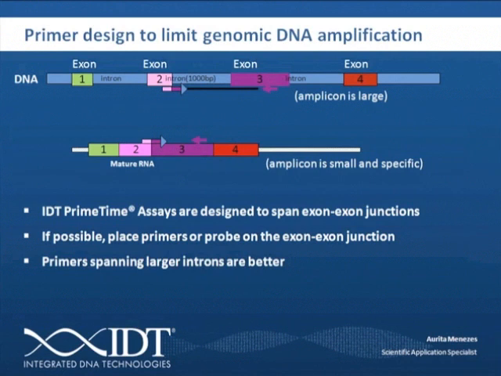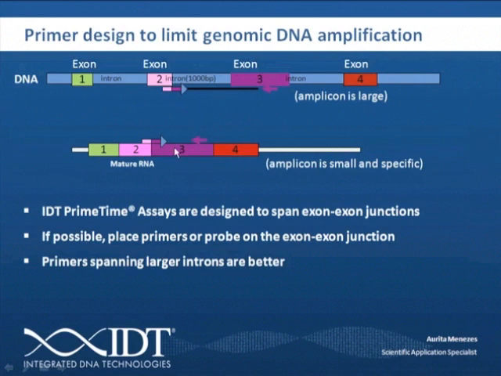The second level that you can try and incorporate is if you design your primers such that they span exons. This makes it even more difficult to amplify genomic DNA, because here your sequence is partially hybridizing to one exon, but it doesn't pick up the other exon in the genomic DNA because it's spaced by an intron.